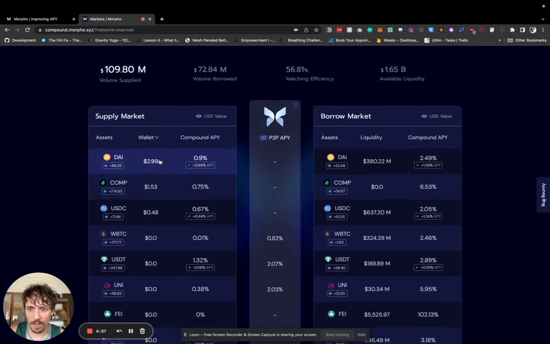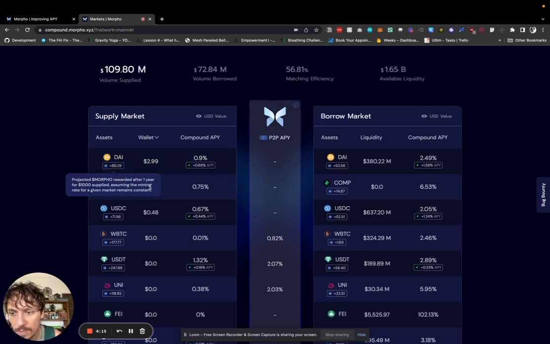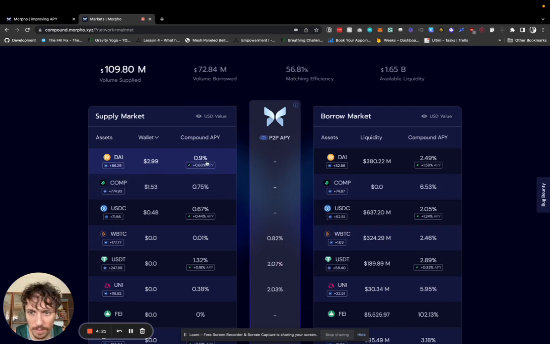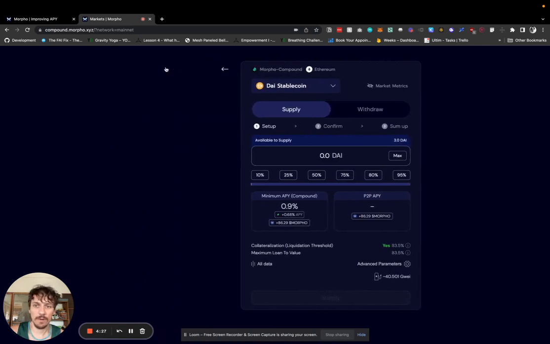Supply on the left, how much I have in my wallet. And then here I have the projected Morpho rewarded after 1 year for $1,000 supply, assuming the minimum rate for a given market. All right, so that's the token that they're giving in this case. Then we have the Compound APY here, which is pretty straightforward.